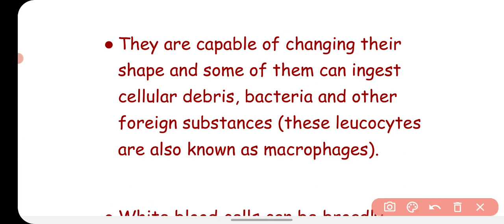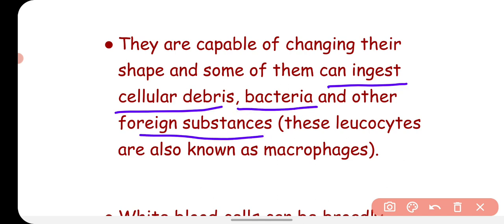They change their shape like an amoeba. That's why they are called amoeboid cells, and they can also ingest and engulf the cellular debris, the waste material of the cell, and bacteria and other foreign substances.